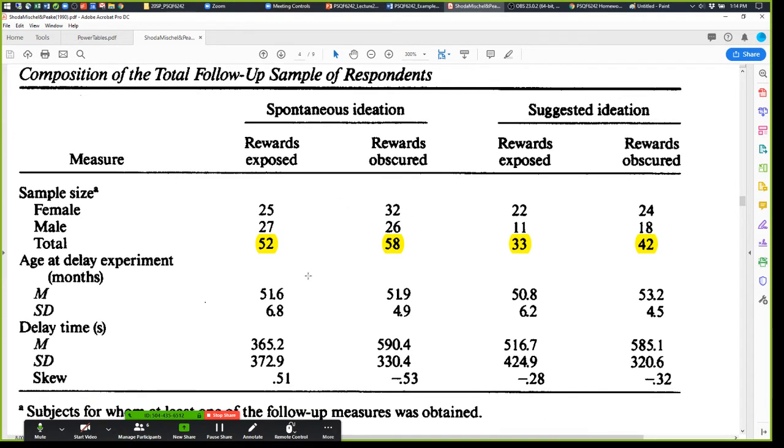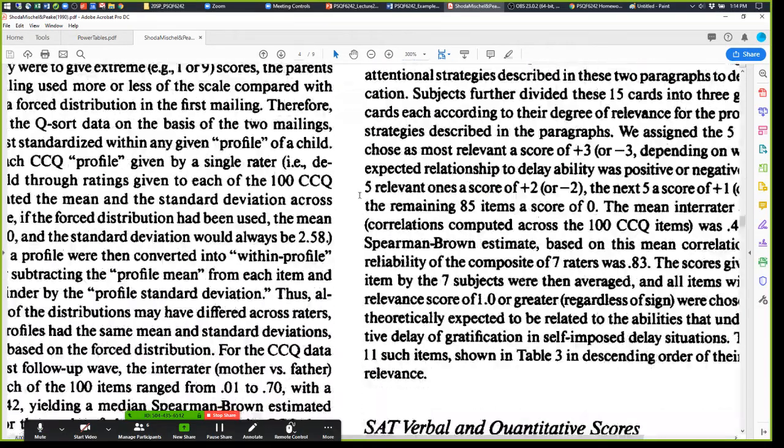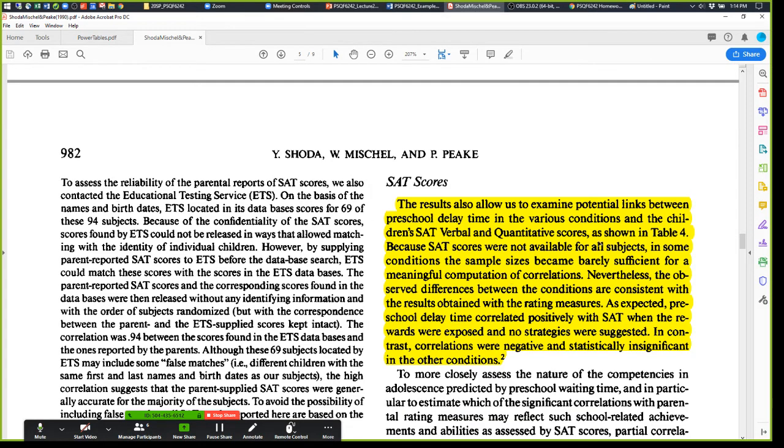So this is a good example of how power is important in making conclusions. The people that they followed up differed across the 4 conditions that they had. Some of the conditions had more people that they were able to follow up for whatever reason. Here's the data. Here's the conclusion that they drew here.